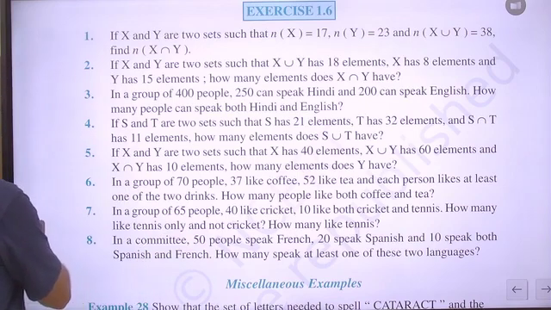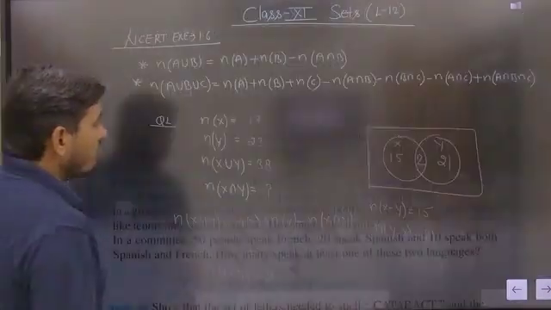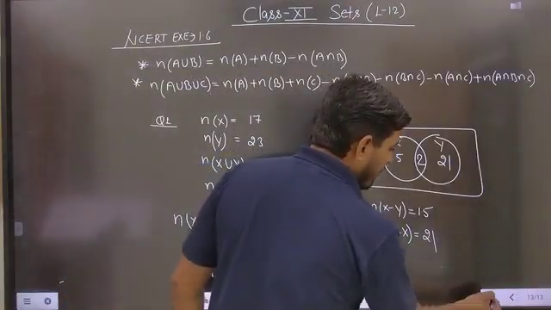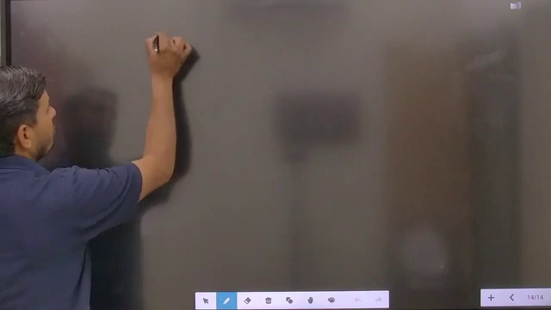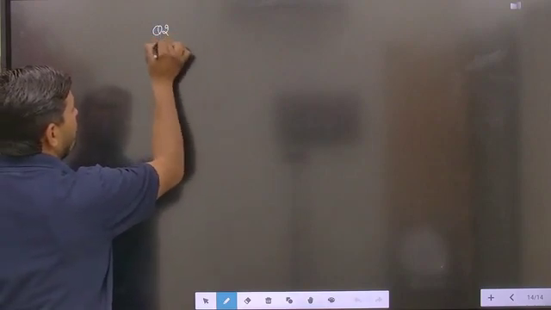So easily you can say the answer of this question, question number 2 of NCERT exercise 1.6.